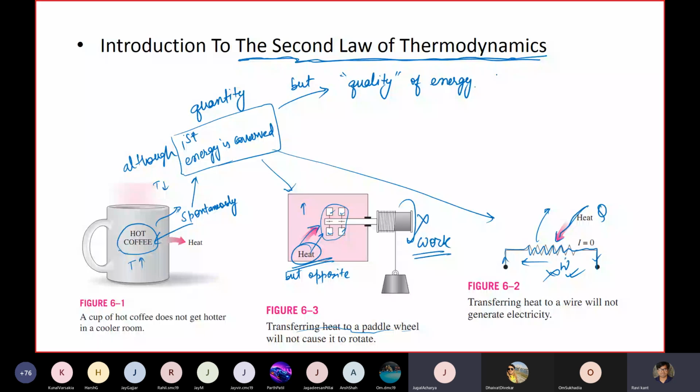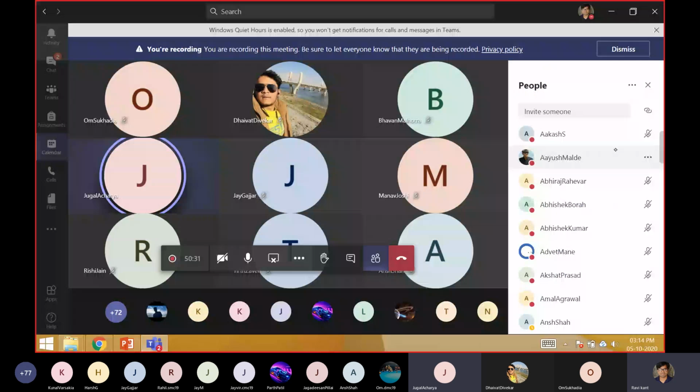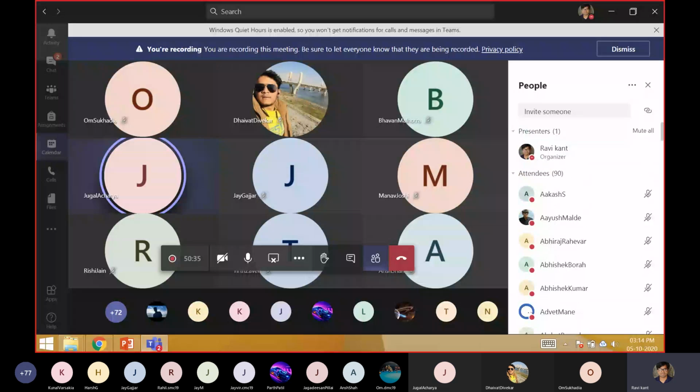Sir, there are a few participants who have joined the other thermodynamics meeting and are not present in this meeting. Please tell them to come here. You can message in your WhatsApp group or some group if you have. On Monday, since Abhinay sir has also floated one MS Teams invitation, don't join that on Mondays.